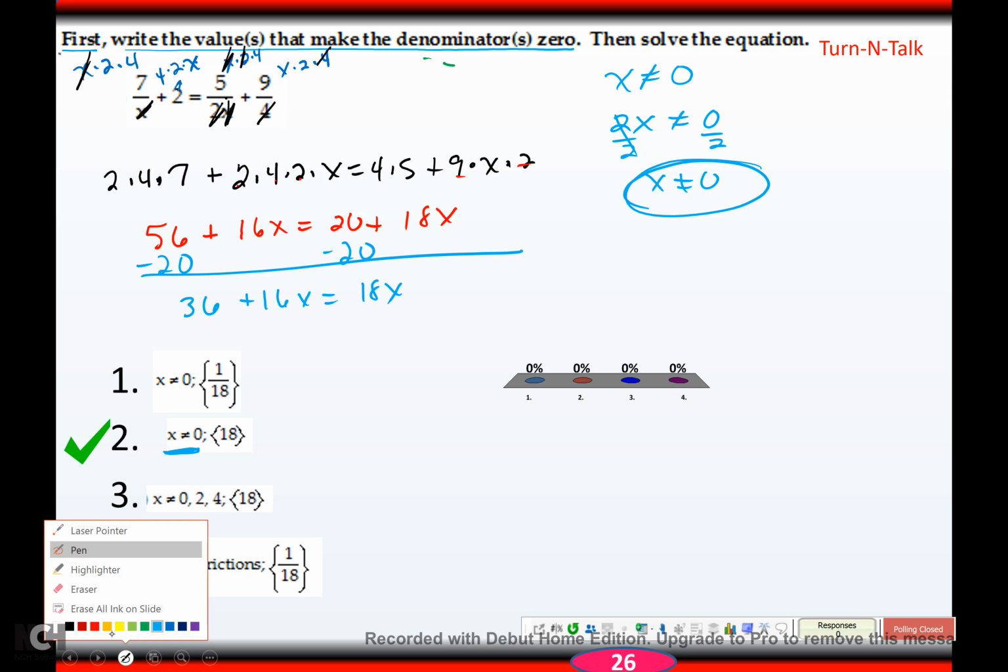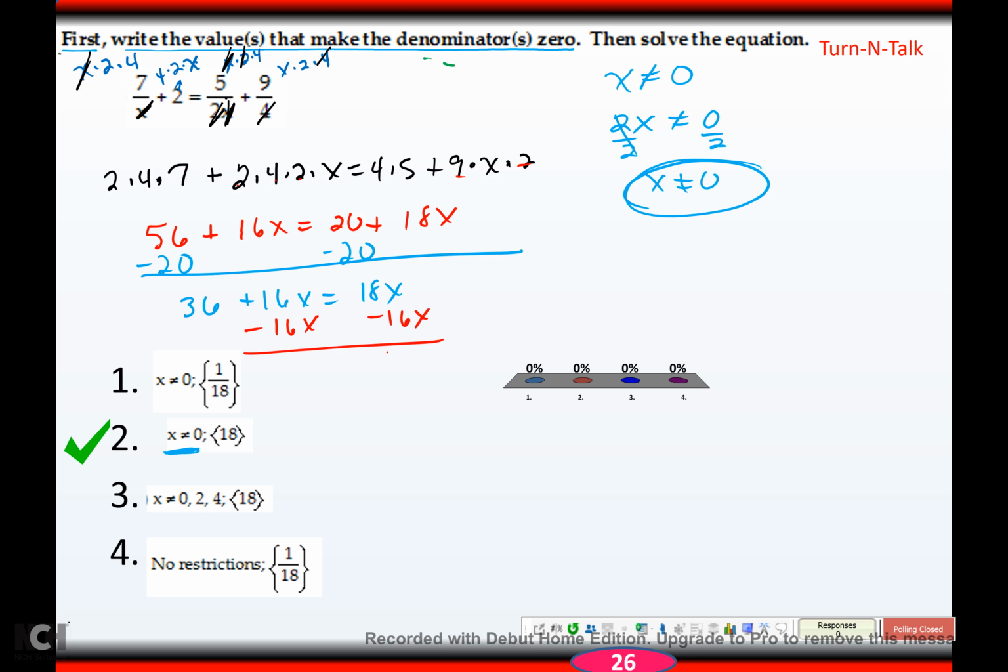Get my x's together on the same side, so I'm going to minus 16x on both sides. I get 36 equals 2x. Divide by 2, and x equals 18. I didn't get 0, so I can keep it.